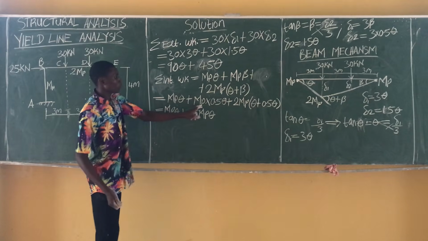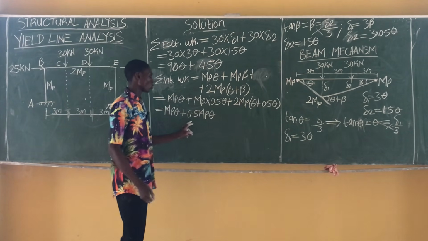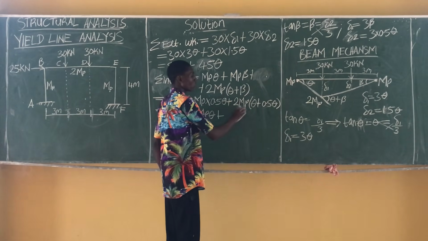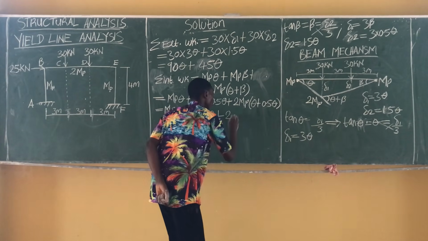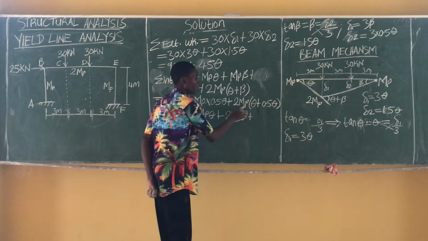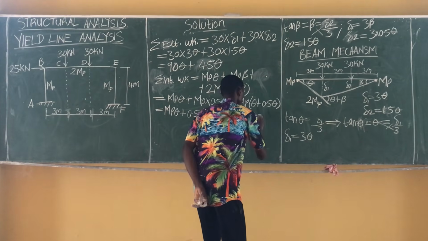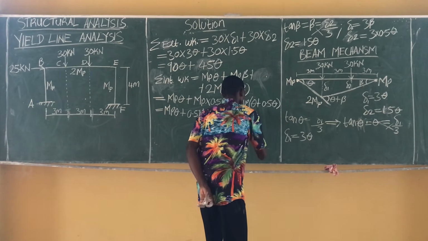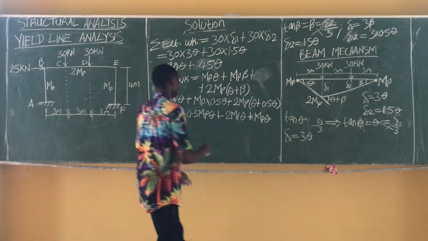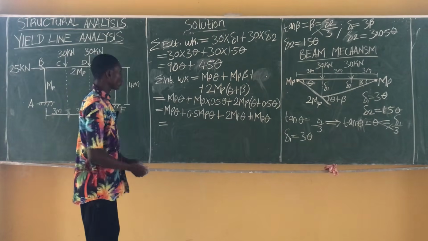So this is MP times 0.5 theta. So bringing the number forward, 0.5 MP theta plus 2 MP times theta is 2 MP theta, plus 2 MP times 0.5 theta, which is 1 MP theta, the same thing as MP theta. Hence, summation of our internal work done is simply MP theta.